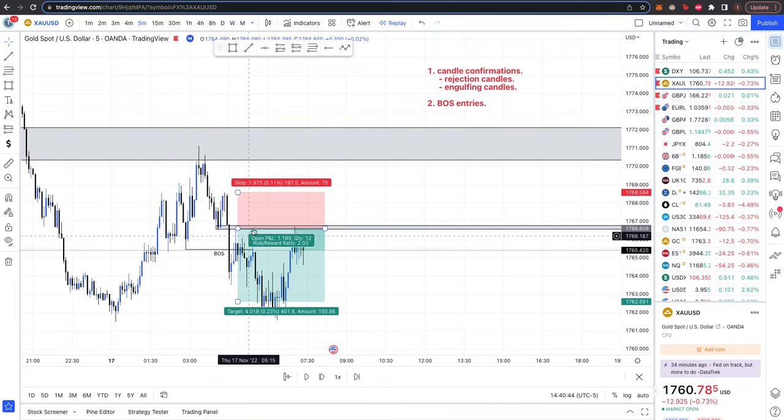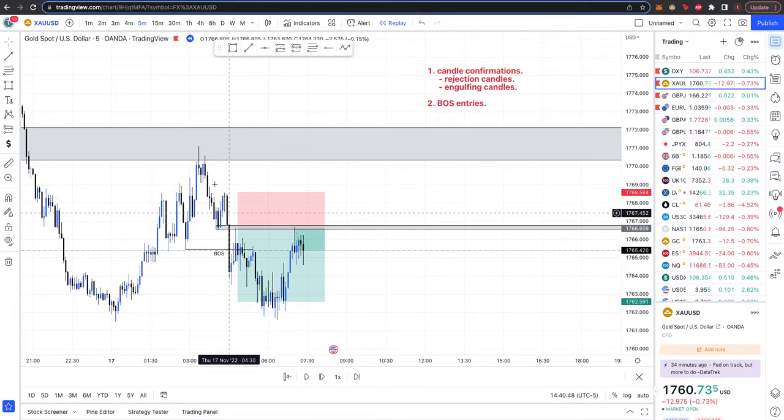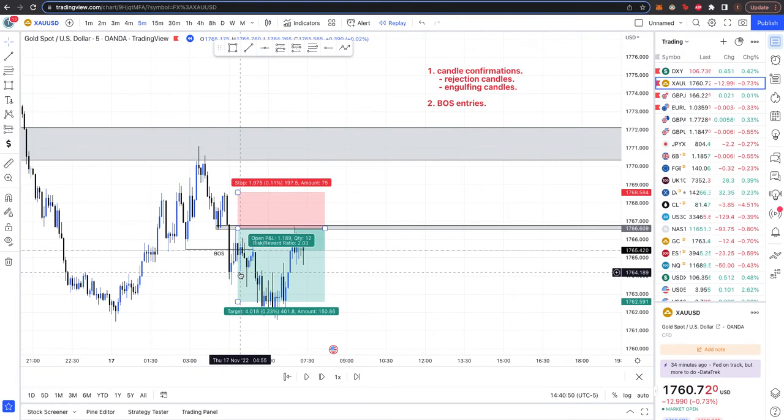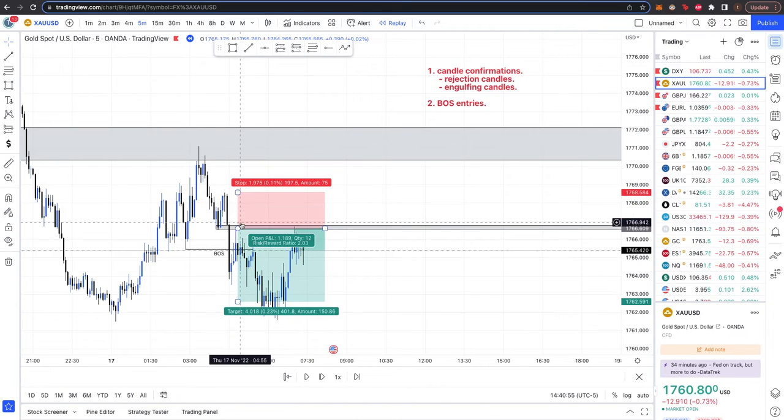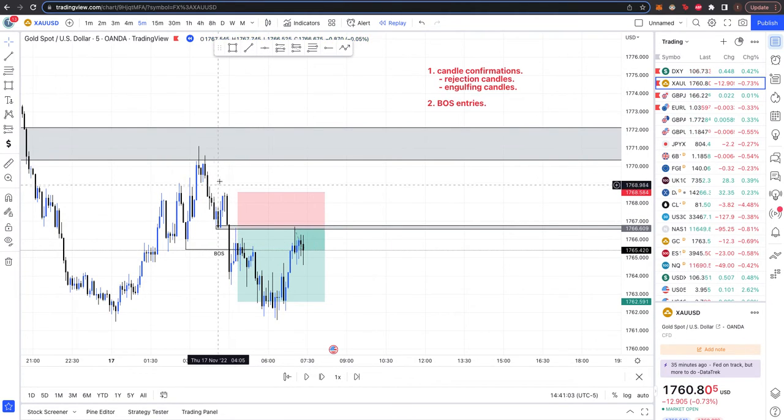For me, I use break of structure entries simply because I like to see the shift in momentum occur. I find I can have a slightly wider stop to a degree, so it has to do more to hit my stop loss. Oftentimes with candle confirmations, you can have a candle confirmation and then the next candle can just completely flip and take it out.